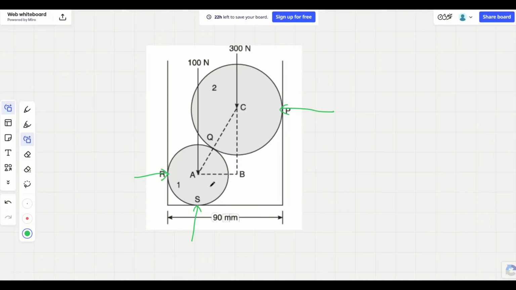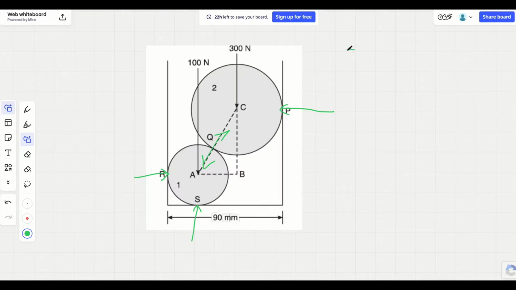Any other contact forces left? This is Q, so it will be like this. One is here, another one is here. So this is S, this is R, this is Q, and this is P. P, Q, R, S. So let's draw the free body diagram for this.